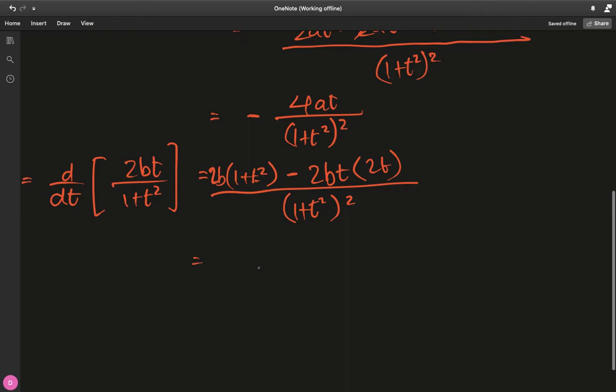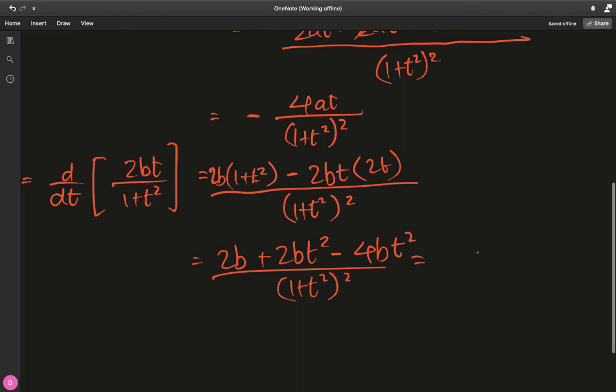Then we obtain 2b plus 2bt squared minus 4bt squared over 1 plus t squared squared, which simplifies to 2b minus 2bt squared over 1 plus t squared squared.